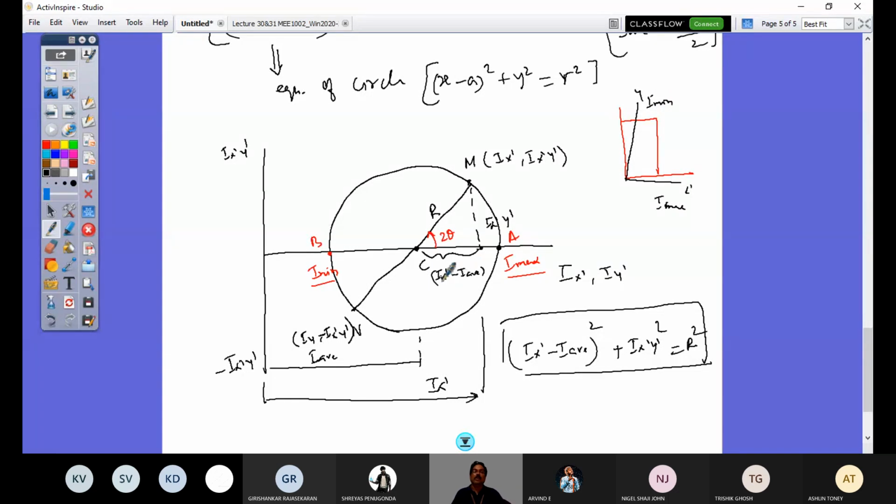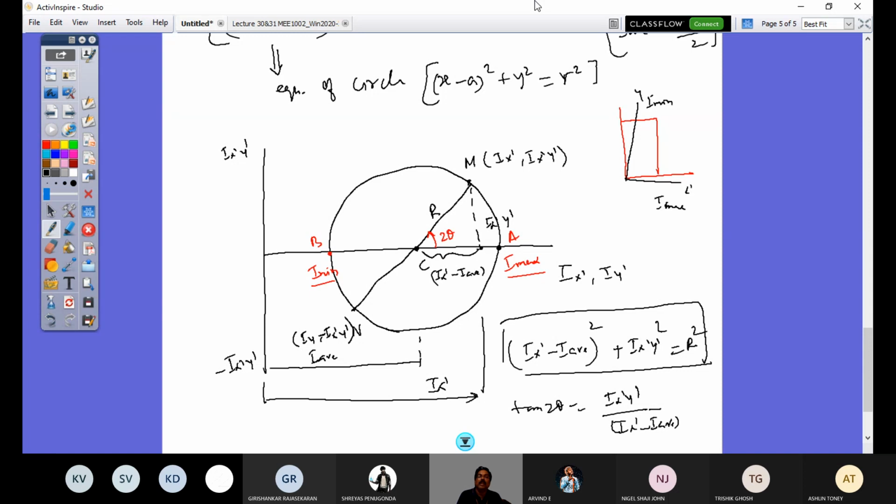You can also look at what the orientation to be rotated is from this trigonometric term. Here tan 2 theta is Ix dash y dash by Ix dash minus I average, right?